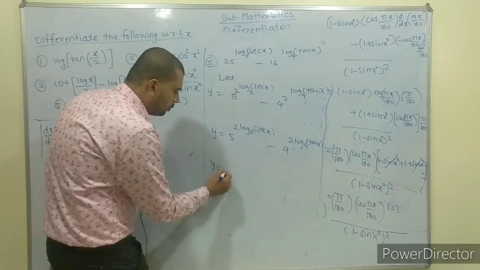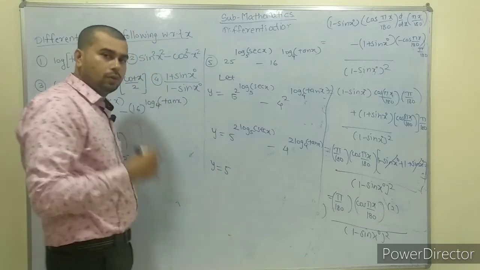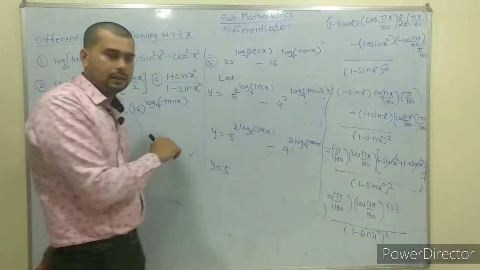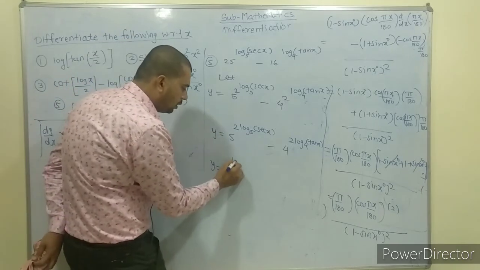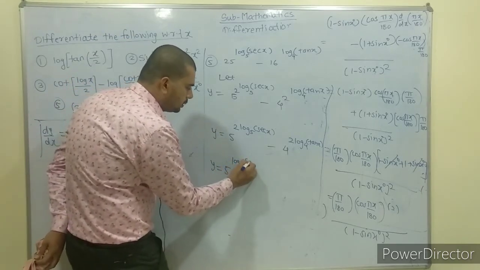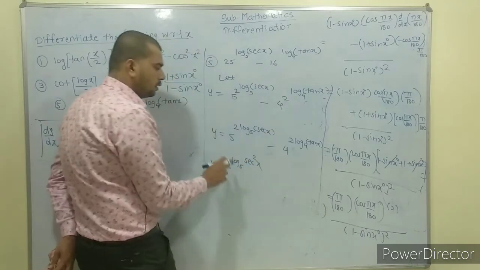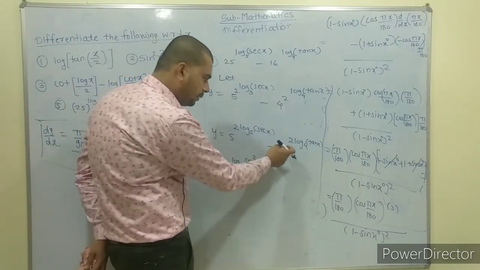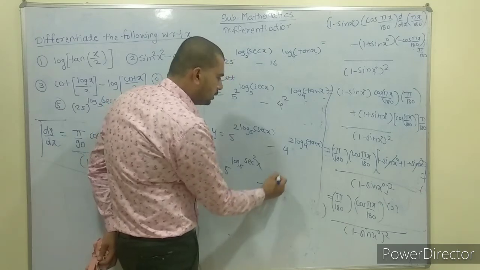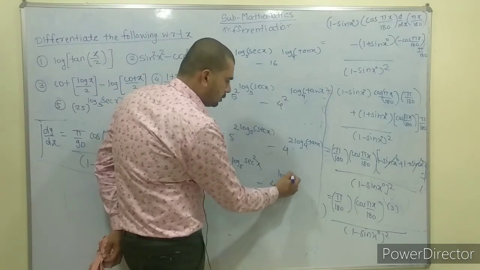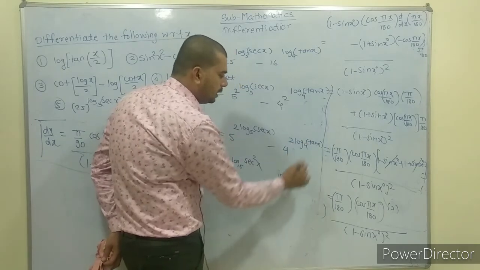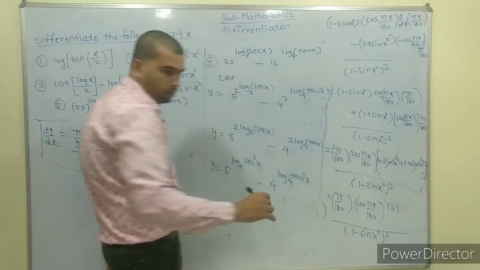So y equal to 5 raised to, using rules of indices, this 2 becomes the power of sec x. So it becomes log to the base 5 of sec square x. Same here, minus 4 raised to log of tan square x, this 2 becomes the power of tan x to the base 4.